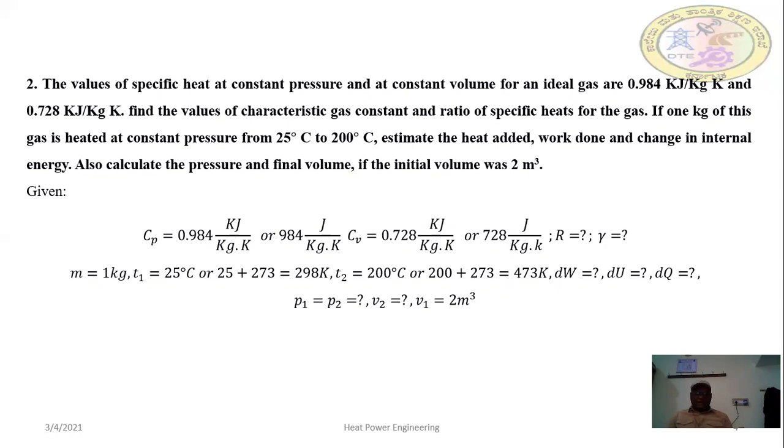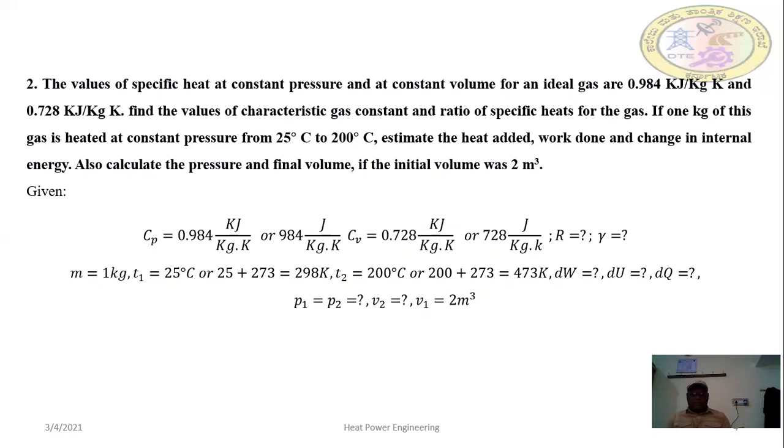Find the values of the characteristic gas constant and the ratio of the specific heats for the gas. If 1 kg of this gas is heated at constant pressure from 25 degrees to 200 degrees Celsius, estimate the heat added, work done, and change in internal energy. Also calculate the pressure and final volume.